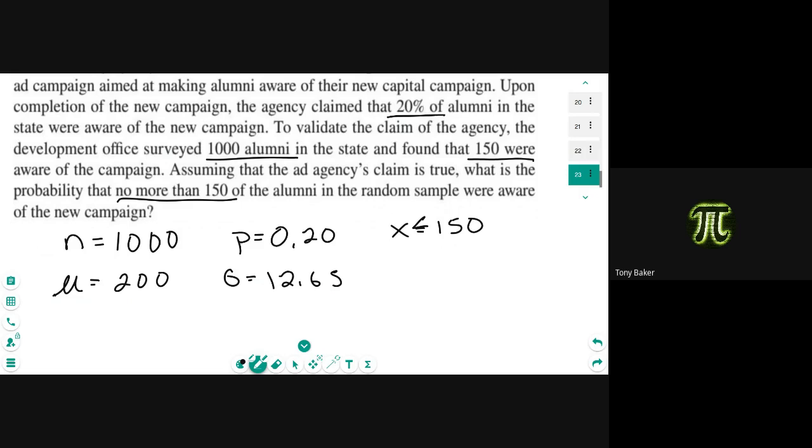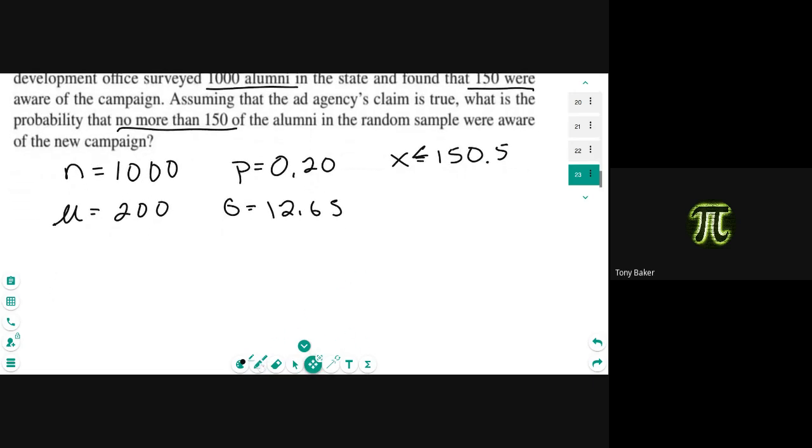Okay, so we're not going to use 150, we're going to use 150.5 for my X. All right, so Z equals 150.5 minus 200 divided by 12.65.